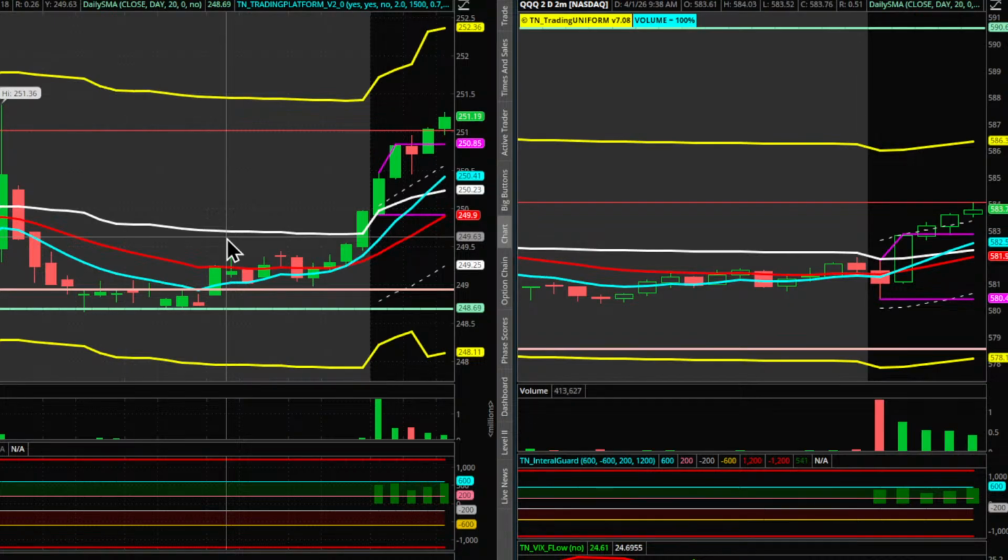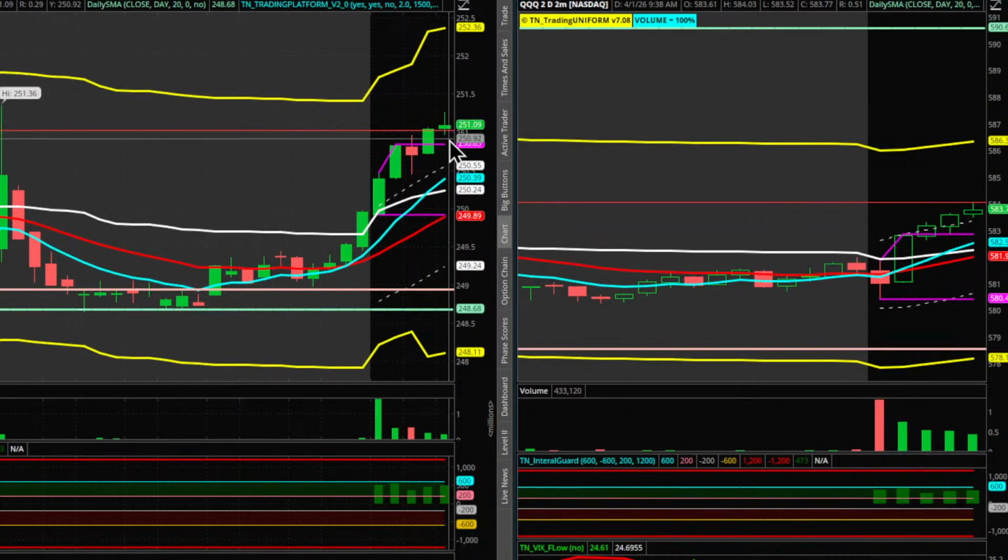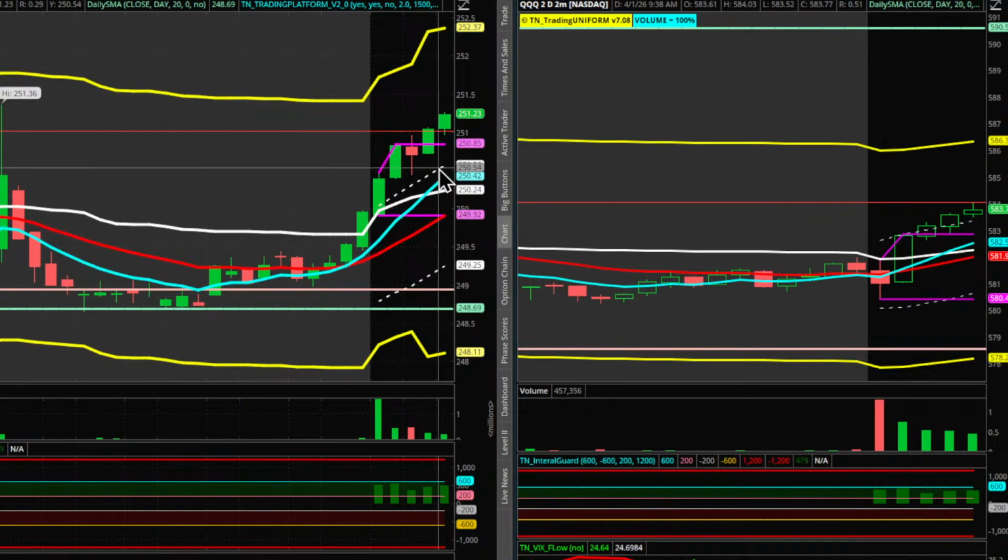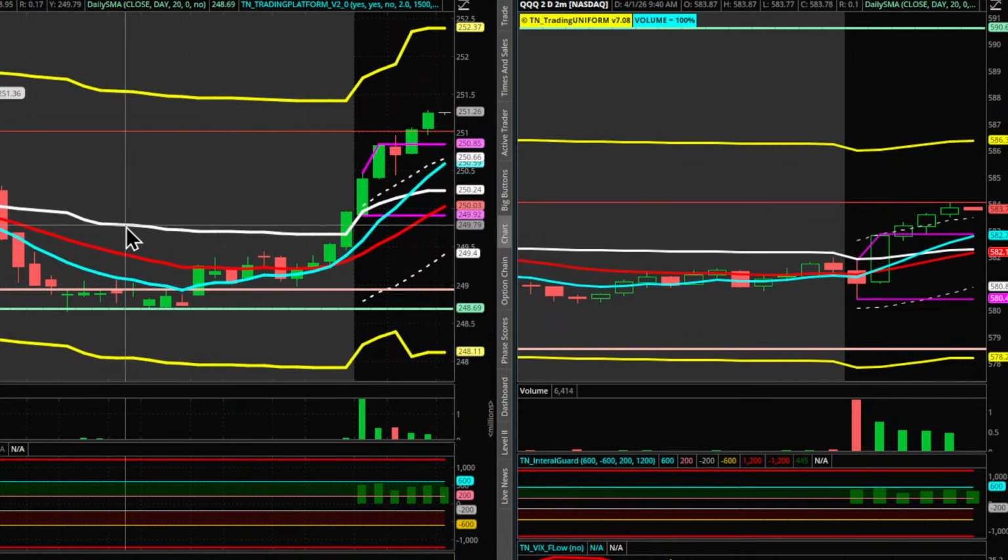But the idea is you open a small position and then be patient and wait for it to retrace and test, let's say, either the opening range high or VWAP. Once you see it find some support and bounce up, that's when you load up and add more to your position. But the first trade is deadly if you're not careful.